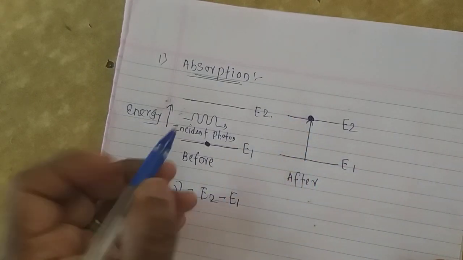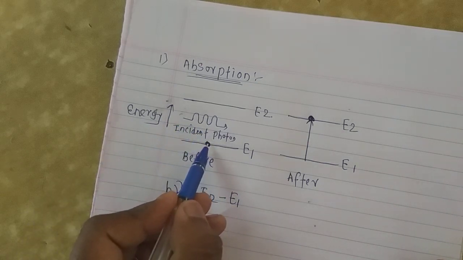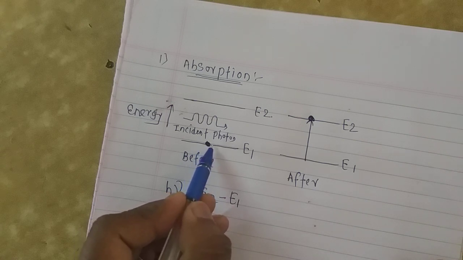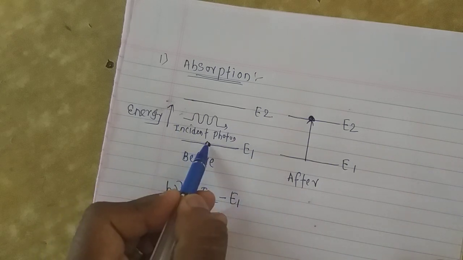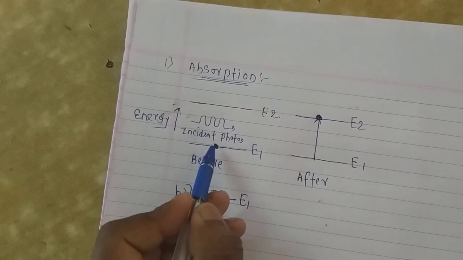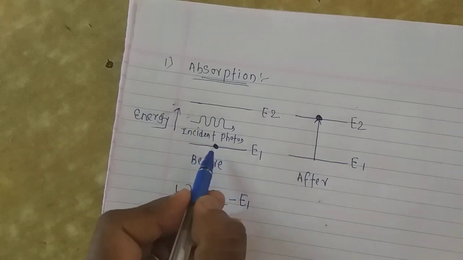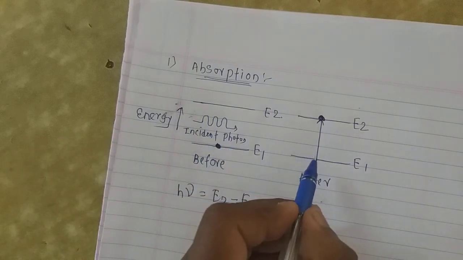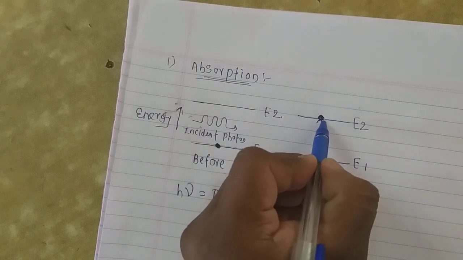That photon is incident on an atom in the lower energy level E1, and that atom absorbs the photon and jumps to the excited state E2.